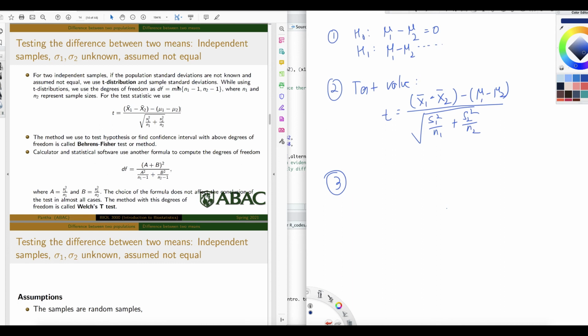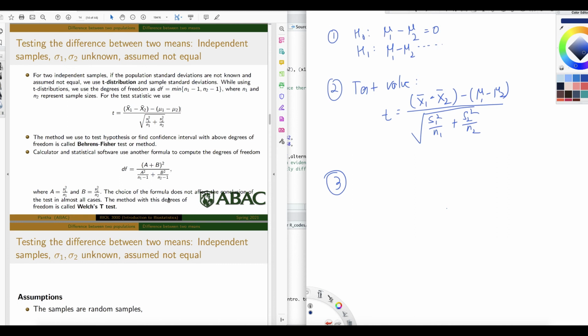This degrees of freedom formula with this test statistic we call the Behrens-Fisher method. But calculators and statistical software use another formula to compute the degrees of freedom: df equals (a plus b) squared divided by a squared over n1 minus 1 plus b squared over n2 minus 1, where a is s1 squared over n1 and b is s2 squared over n2. s1 squared is the variance of the first sample and s2 squared is the variance of the second sample.